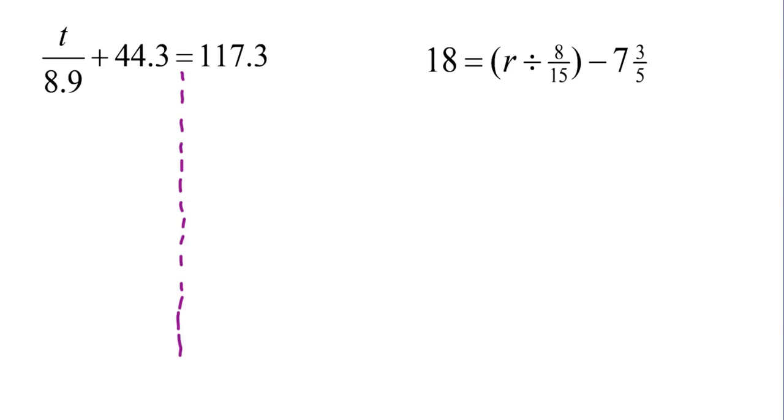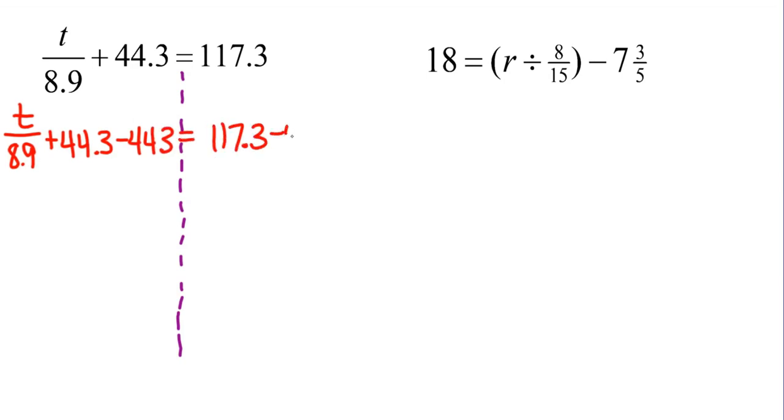I'm going to undo the addition first by subtracting 44.3 from both sides. And on the right-hand side, that gives me 73. And on the left-hand side, those become 0, leaving me just the t divided by 8.9.